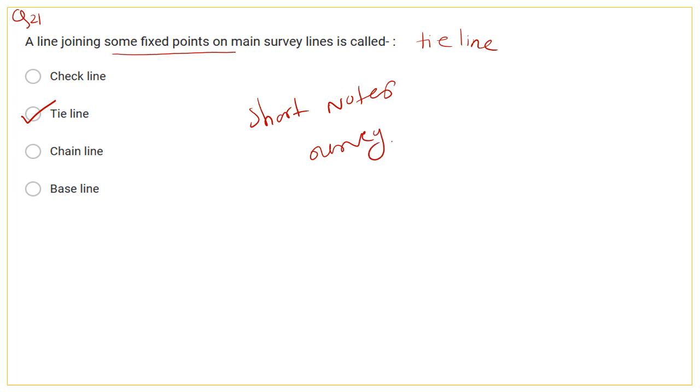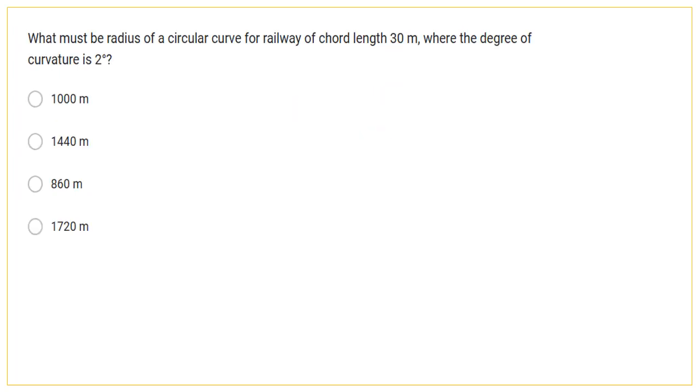The next question is question number 22. What must be the radius of circular curve for railway of chord length 30 meter where the degree of curvature is 2 degree? There are two formulas for two different conditions: first, when chain length is 30 meter, and second, 20 meter.